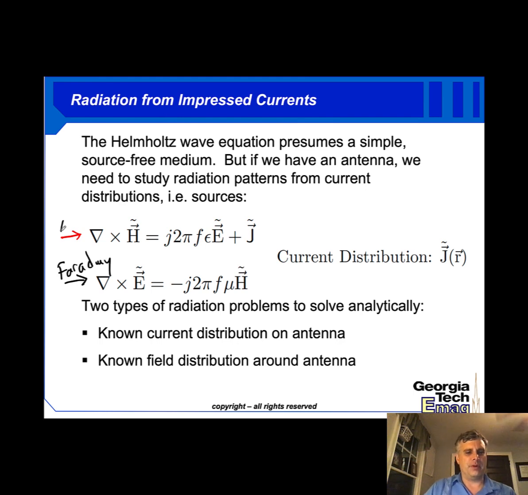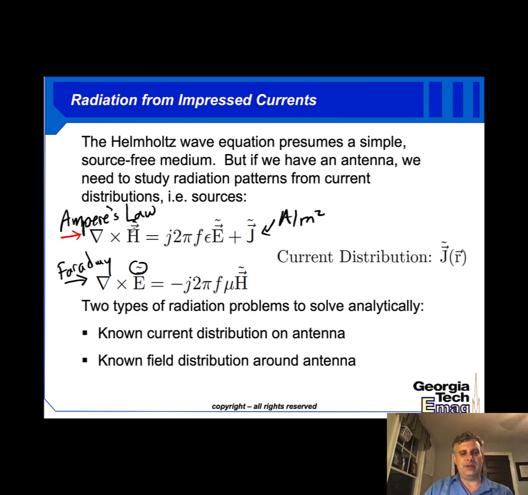And this is a form of the corrected Ampere's law that Maxwell came up with. It says the curl of the magnetic field phasor, and that's what this squiggle is on top of each of these variables. The curl of the H field is equal to the time derivative of the E field plus the current density. Remember, this is current density in amps per meter squared.